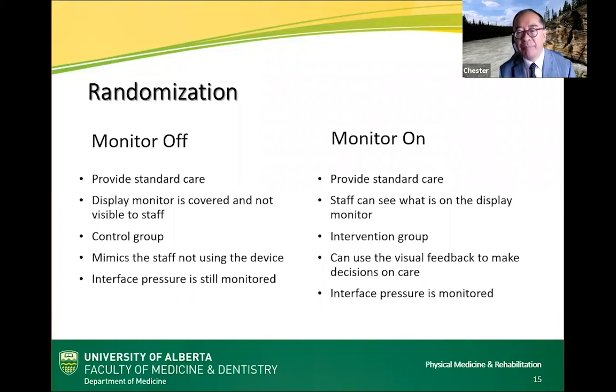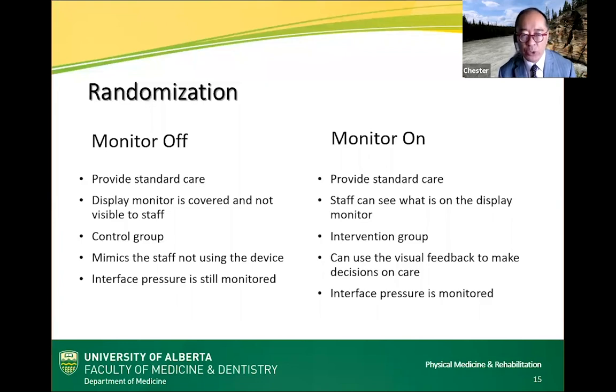The staff and the caregivers can use visual feedback to make decisions on their care, whether a turn is due or whether repositioning is required. At the same time, interface pressure is monitored continuously.